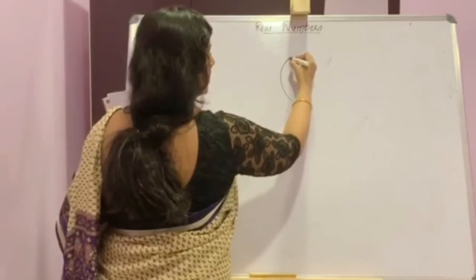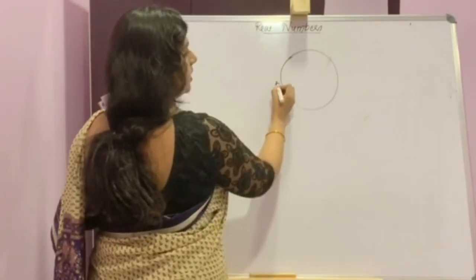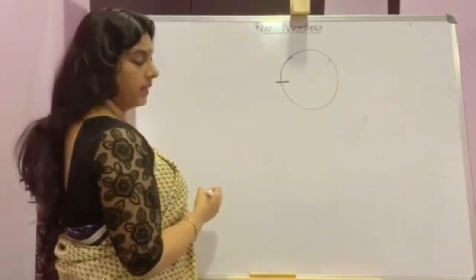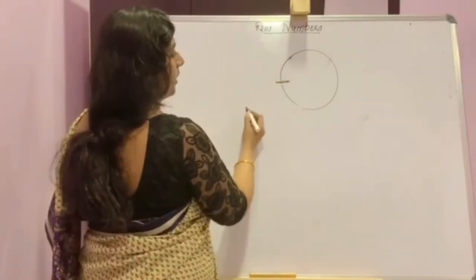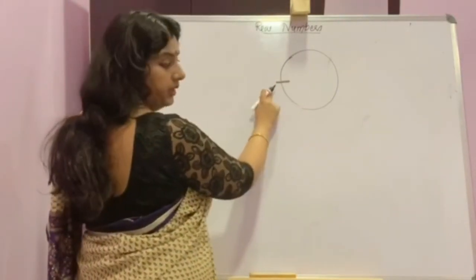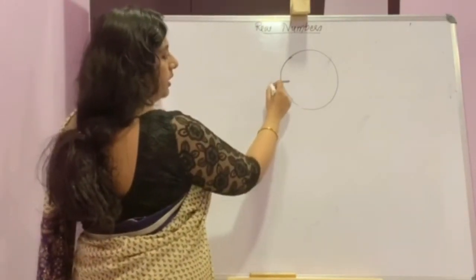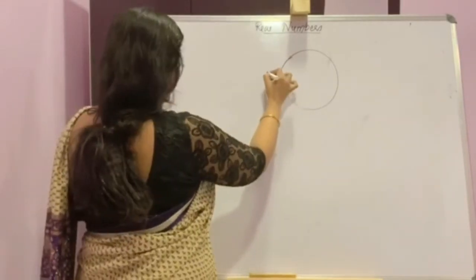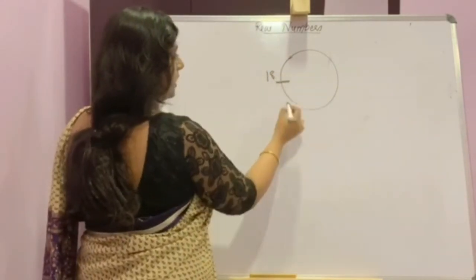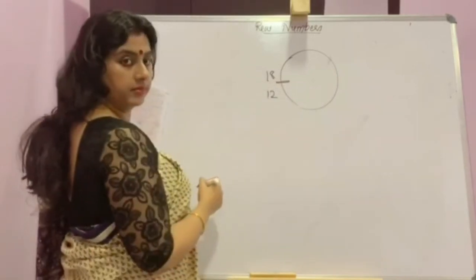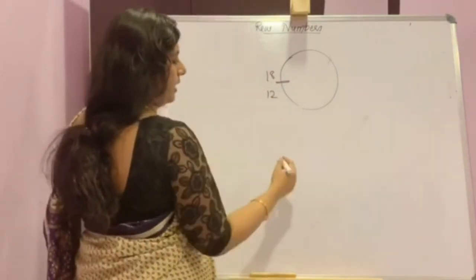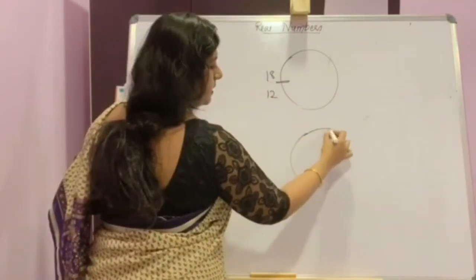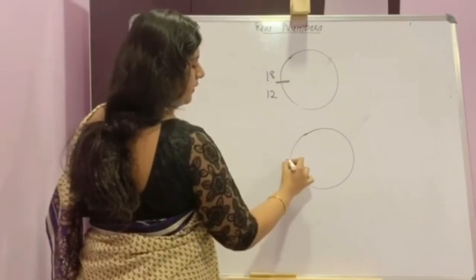This is a circular path here. Let us assume this is the starting point, so both are starting from here. The girl is taking 18 minutes and the boy took 12 minutes. We can consider smaller numbers for our convenience.